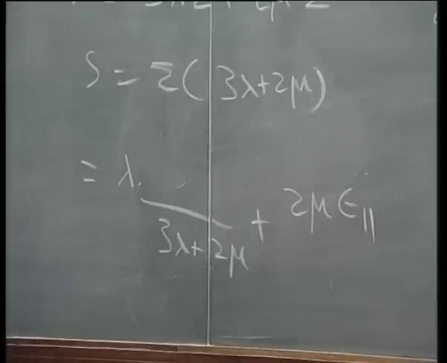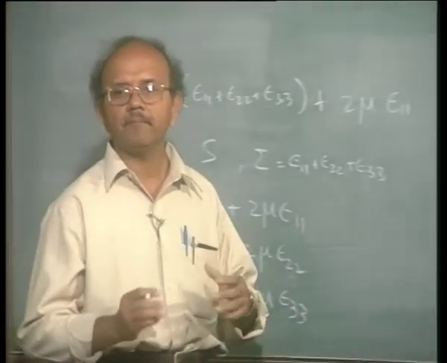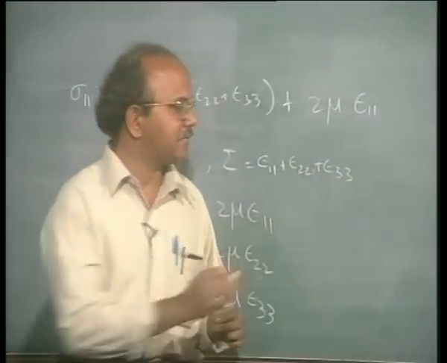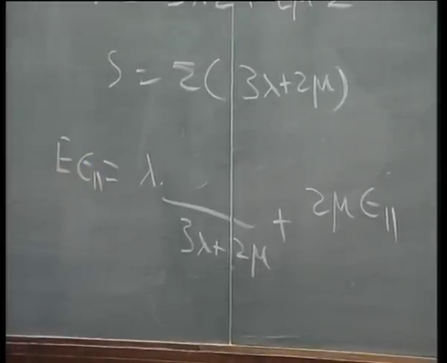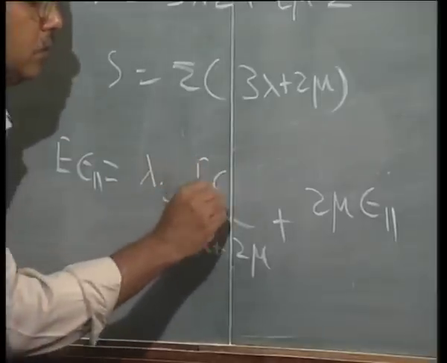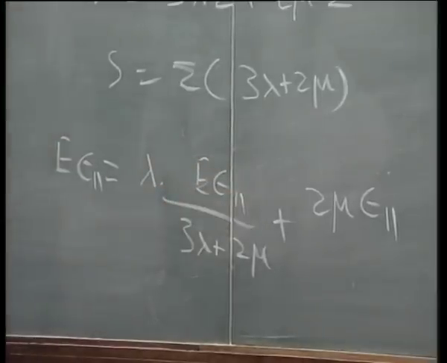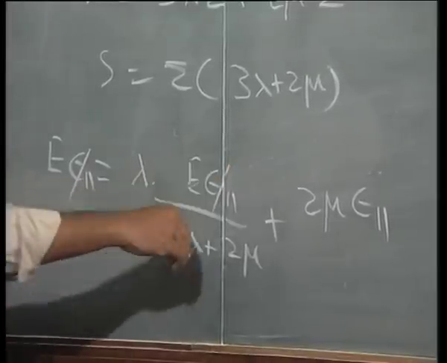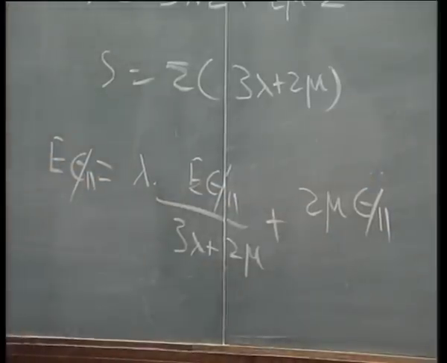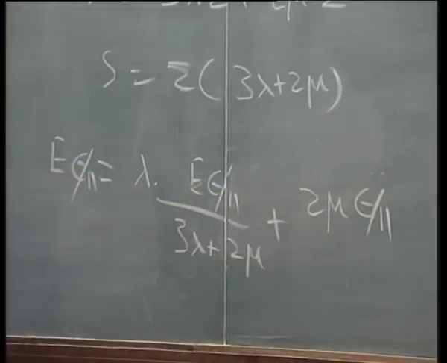Please don't forget that. We want to shift to E. So I can write this as E into epsilon 1 1, and here also E into epsilon 1 1. Right? So cancelling epsilon 1 1 throughout. Is that clear? Now I can solve for E straight away.